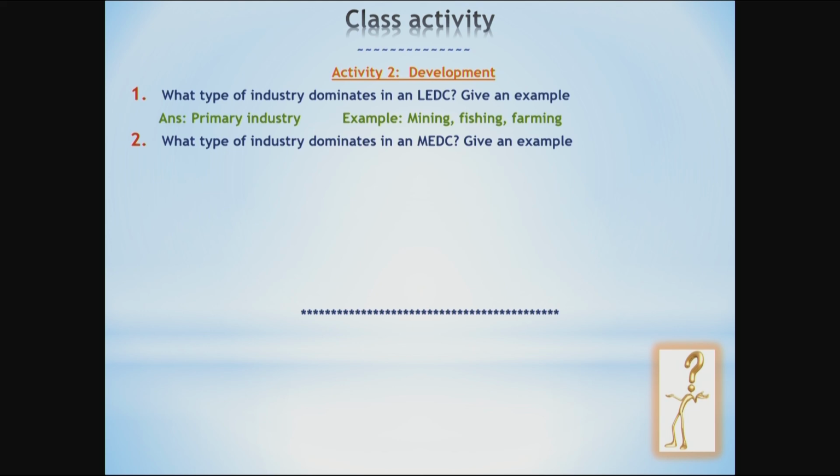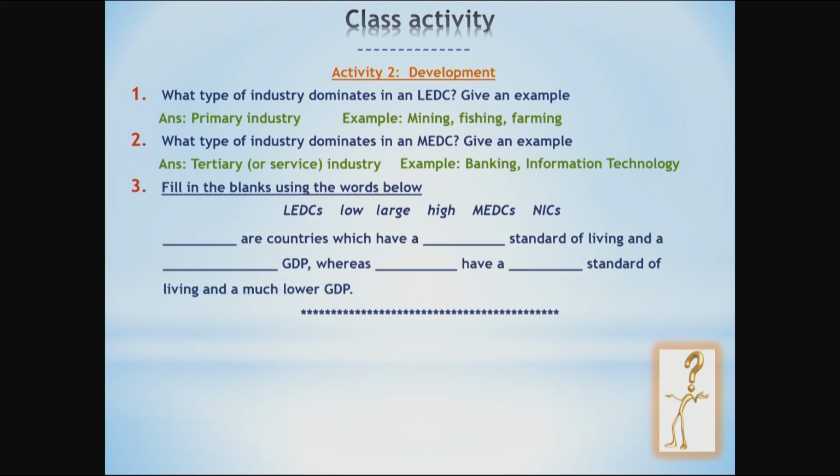Number 2, what type of industry dominates in an MEDC, a more economically developed country? Very good. We say tertiary, or we say a service industry. Example, any example you can give: banking, information technology. Next, let us look at the fill in the blanks and let's see how many of you scored correctly.